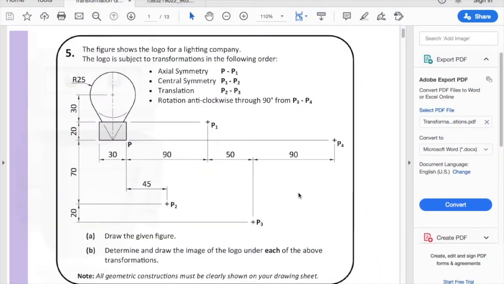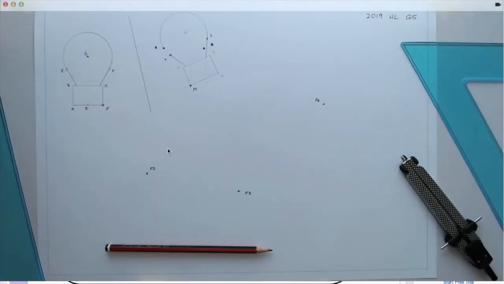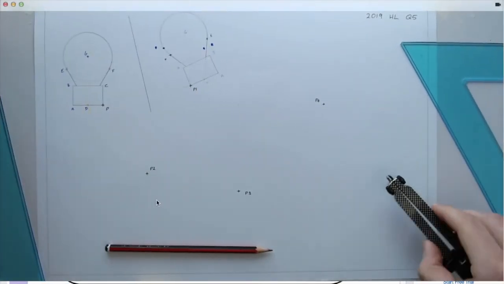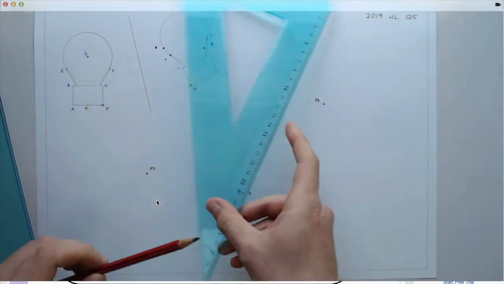Next one then, what are we looking at next? So next one is my central symmetry from P1 to P2. So I want the central symmetry here, which means I need a point. And we know that the point's going to be directly in between. So if I want a central symmetry from P1 to P2, I'm going to join up my two points.